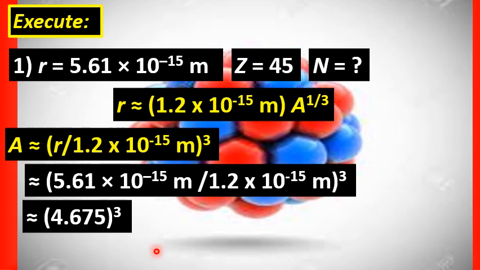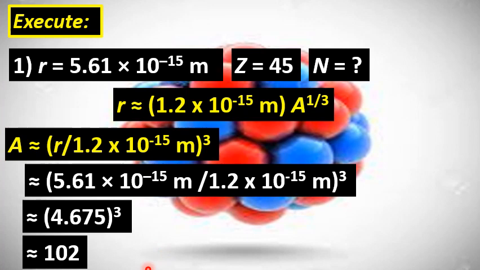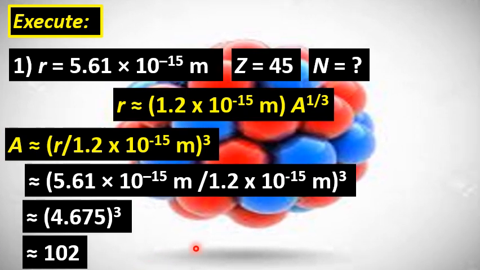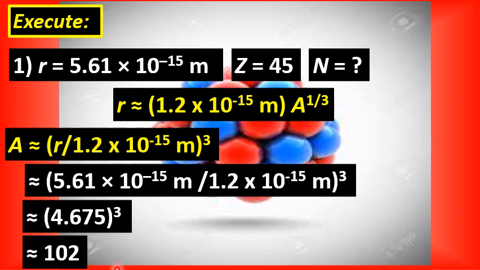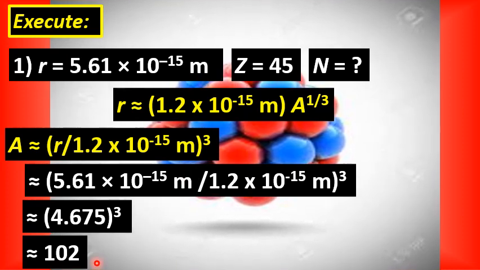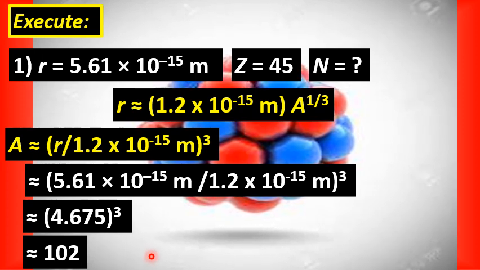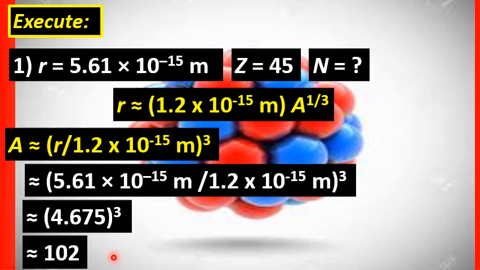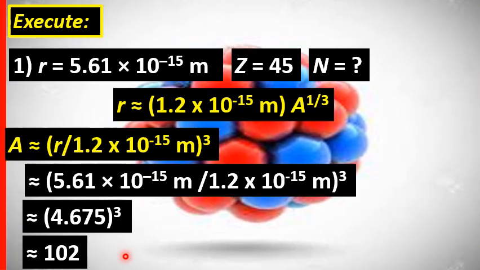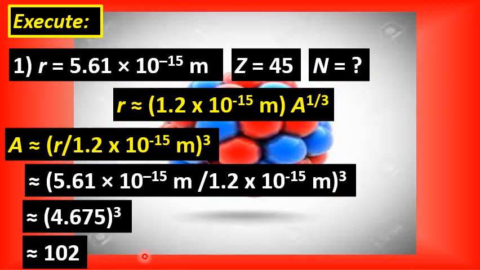And finally, we get the value of capital A, that is the mass number of this isotope or atom, which is nearly equal to 102. By definition, capital A refers to the number of protons plus the number of neutrons.